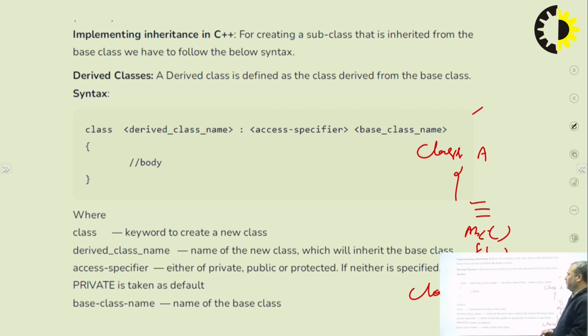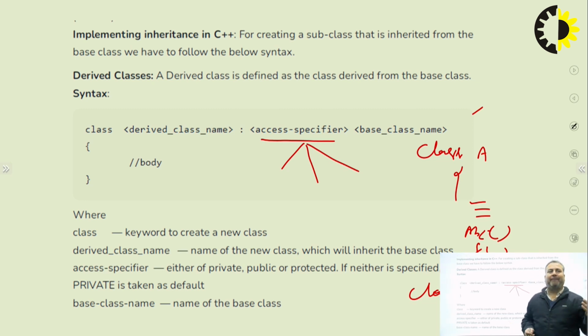So you use the keyword class and the name of the derived class, then the colon, and then you include the name of the base class, along with an access specifier.